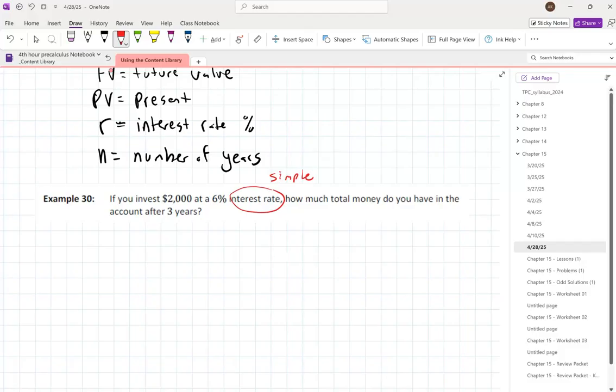Because you don't see the word compound, that's telling us this is simple interest.